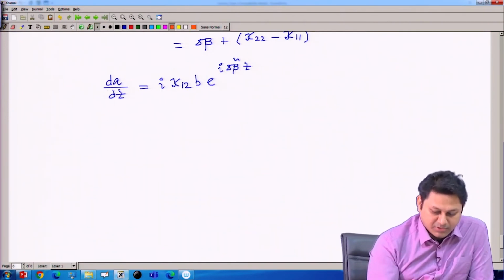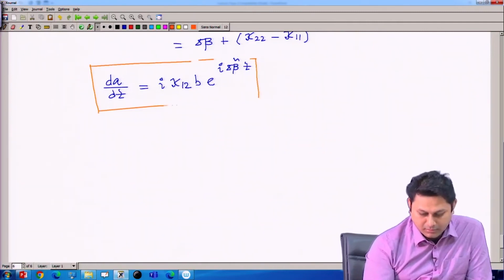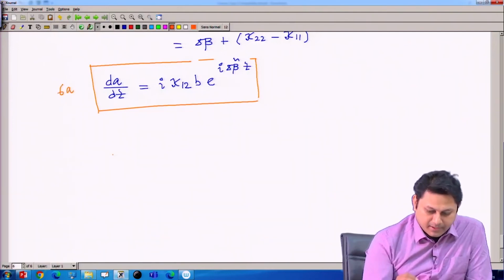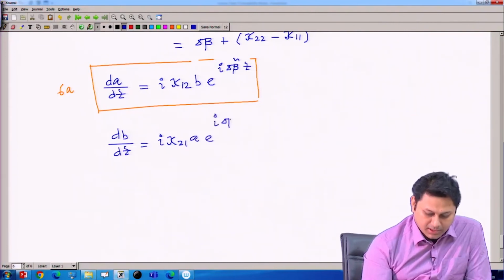Let me put it in a bracket, say equation 6a, and another equation for B I have, say kappa 21 a e to the power of minus i delta beta tilde z.